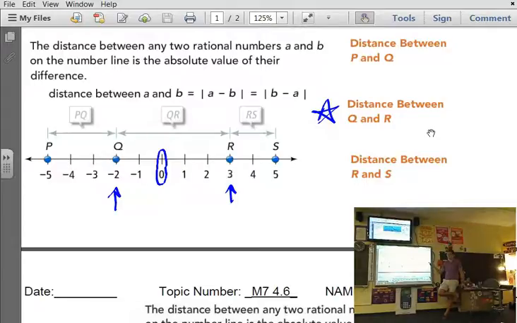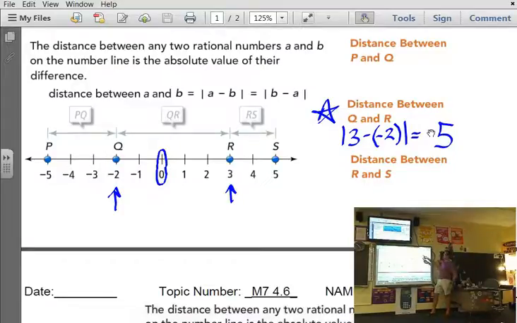How far for R to get to 0? So how far for them to get to each other? 5. Easy as that. Actually, I would always start with the positive first because then minus the negative becomes addition. But either way, we could just add up the absolute values between the two of them.